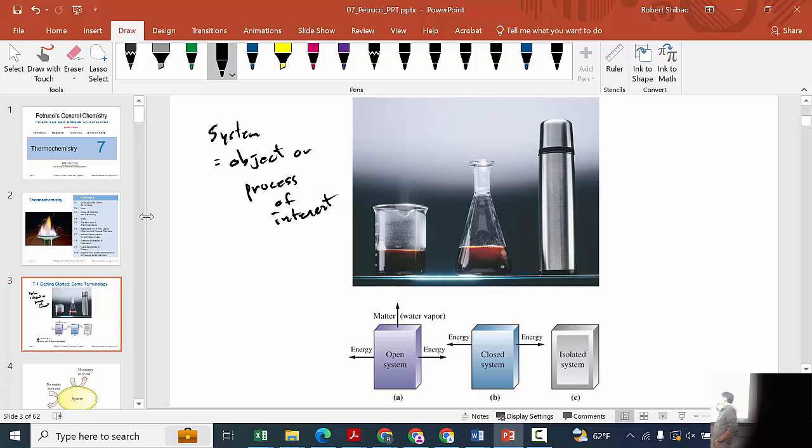But so when we look at the system, everything else is called the surroundings.